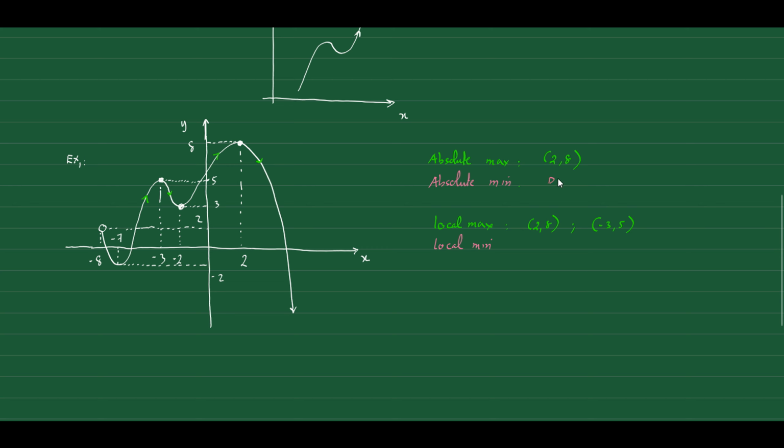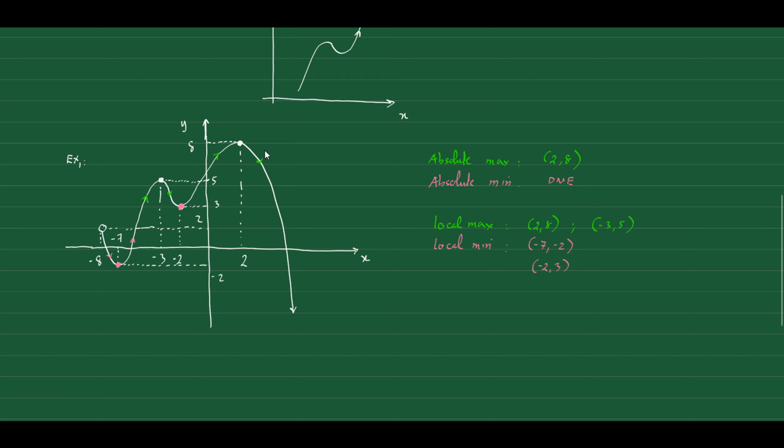Now local min is where the function is going down, then going up. So we have this one going down, and we have this one going up. So right over here, we have a local min. So the local min over here is -7, -2. Let's see what else. We have another local min right here, -2, 3.